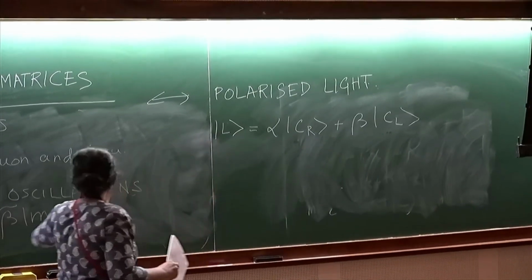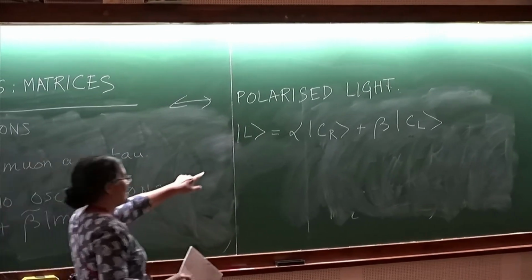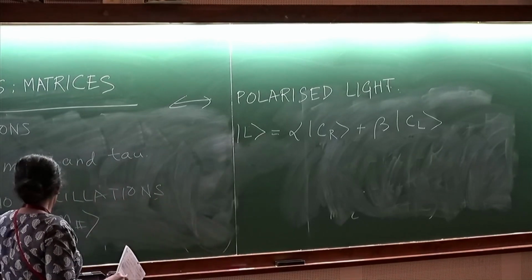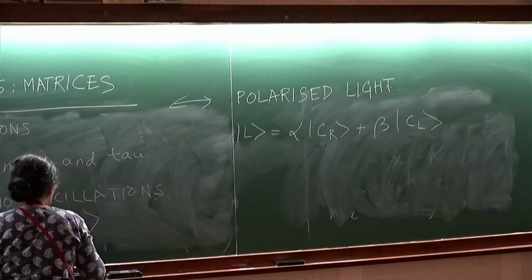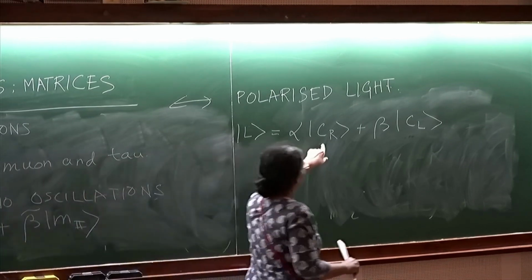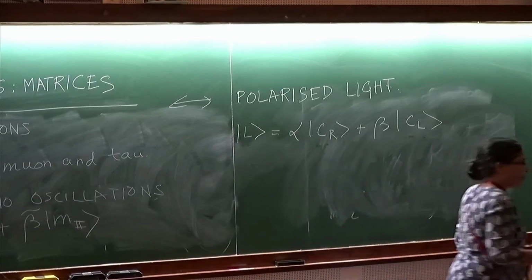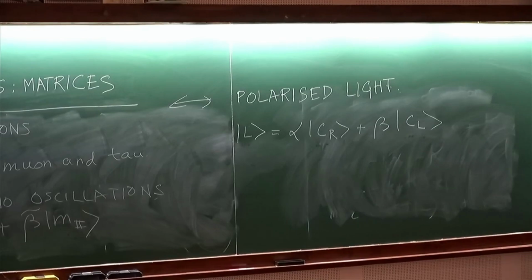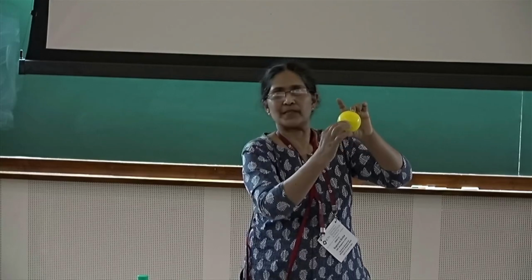So you can right away see that a flavor state has correspondence with a linearly polarized state, and the mass eigenstates, mass basis states that we had expanded the flavor state in terms of, correspond to the circularly polarized states, right? So on the Poincare sphere, what it means is that given a state on the equator, you can write it as a linear combination of these two states.